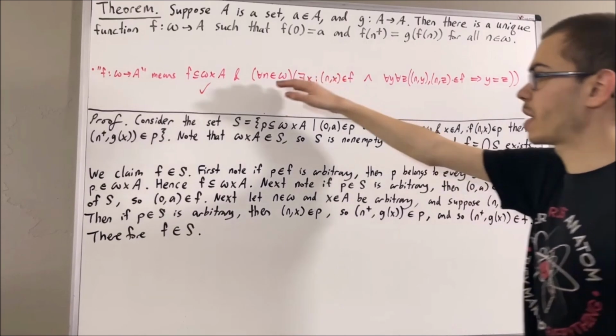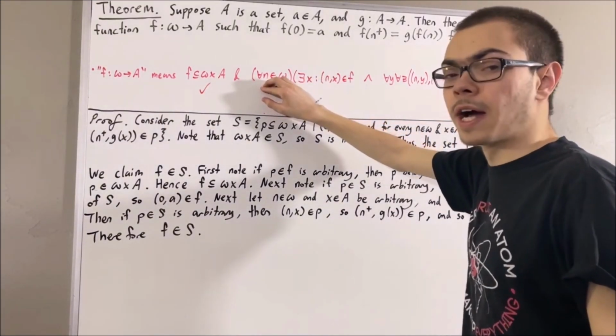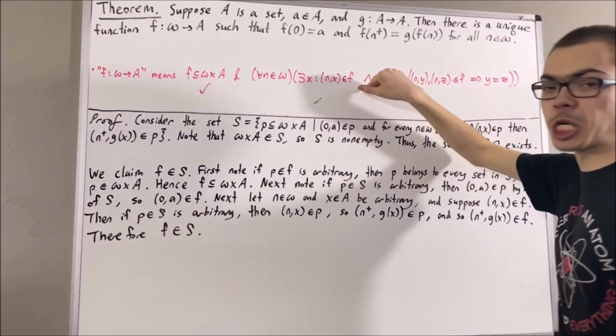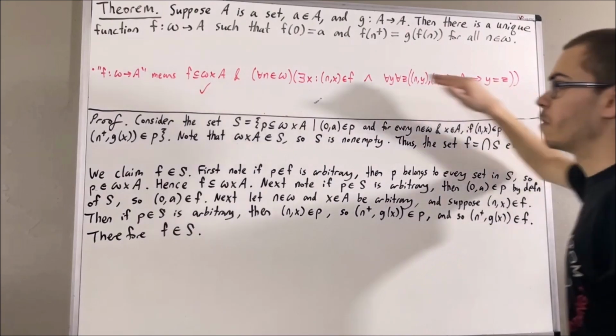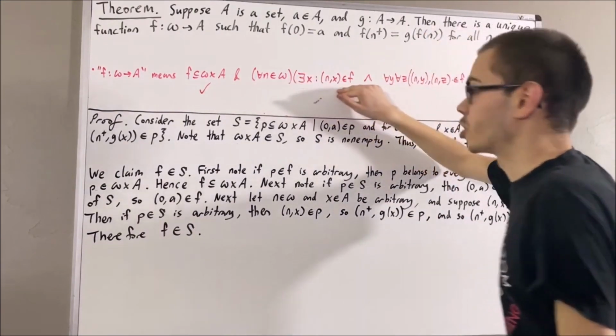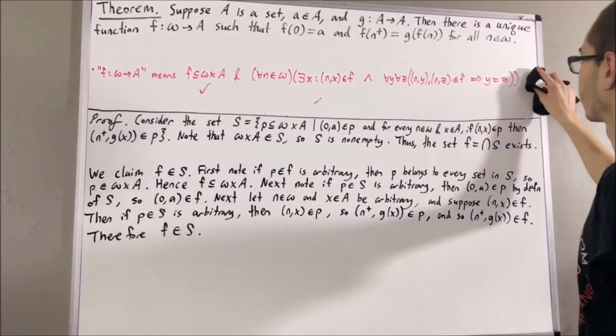Now, we could expand this out further because the universal quantifier distributes over conjunction. So this is equivalent to saying for all natural numbers n, this is true, and for all natural numbers n, this is true.